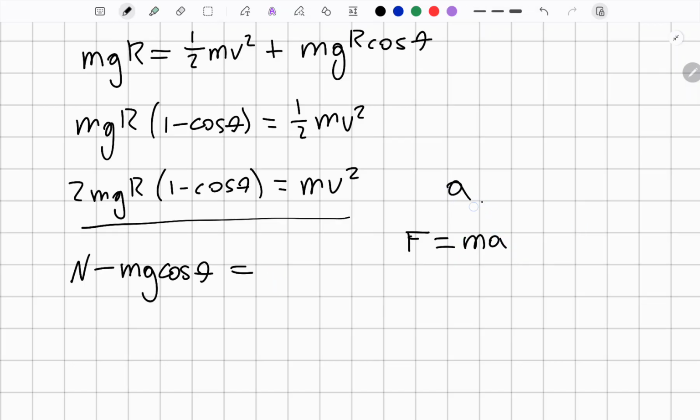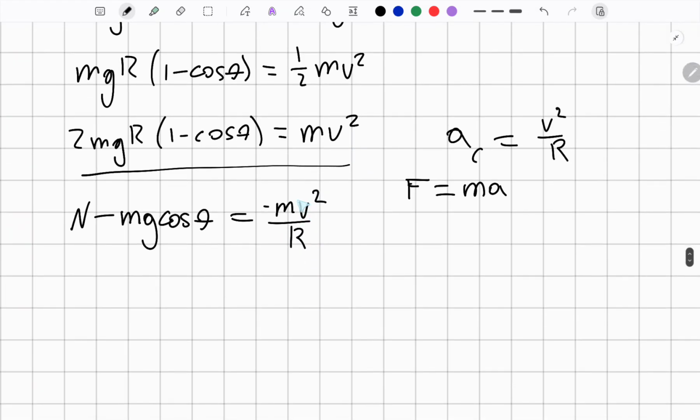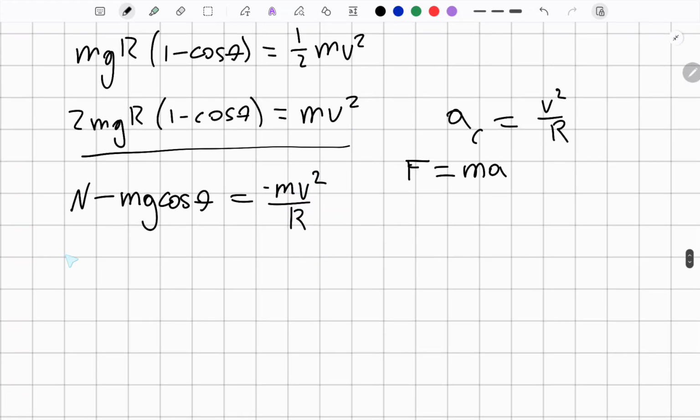In our case, we have centripetal acceleration, which is v squared over r. And because that's going to point inwards, I'm going to put a negative there. So we have a negative mv squared over r to represent our mass times acceleration.